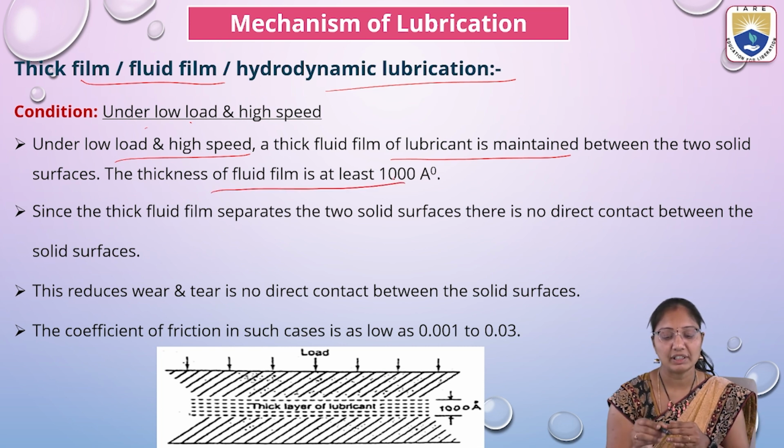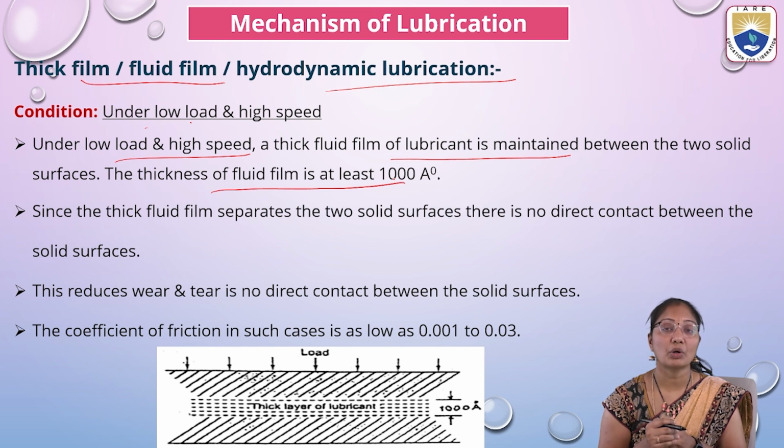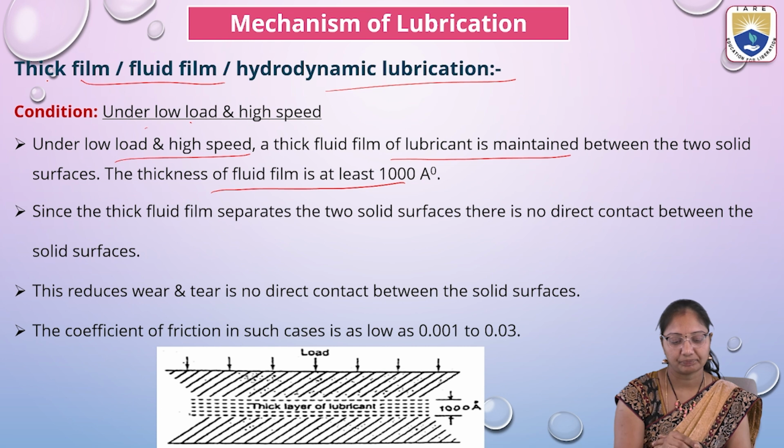The thickness of the film is at least 1000 Angstroms. The name itself indicates the thick film, so the lubricant level is maintained at 1000 Angstroms, which is very thick, in between the two rigid surfaces.